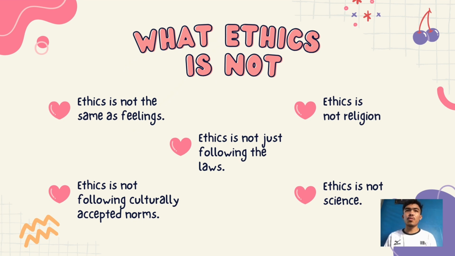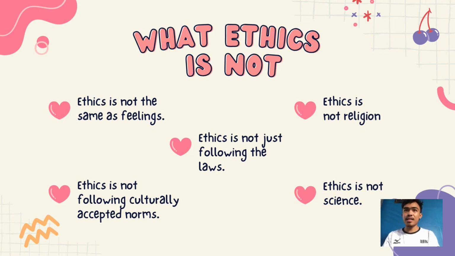So, next, why is ethics not following culturally accepted norms? Ethics asks us to consider fairness and universal principles, while cultural norms can be based on tradition or local needs. This means ethical behavior may challenge cultural norms, like fighting discrimination, even if it is historically accepted.